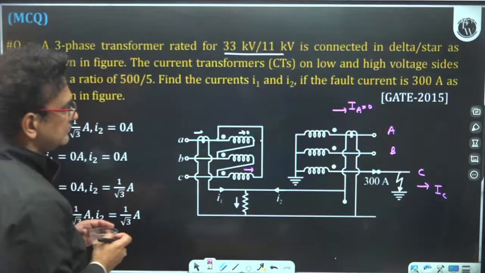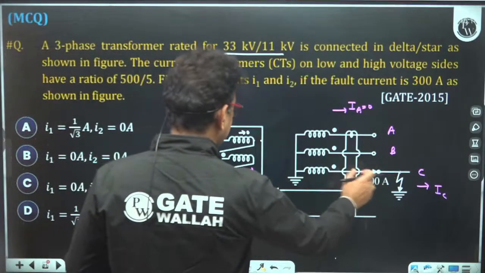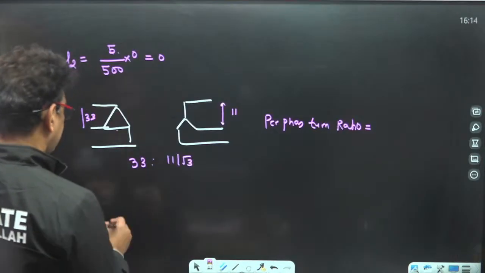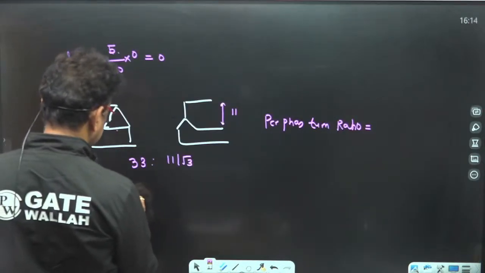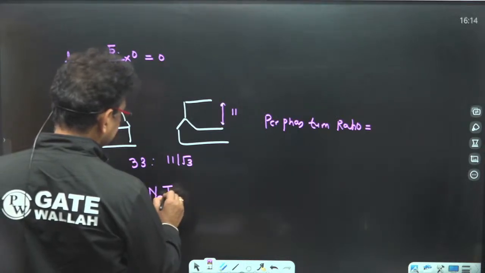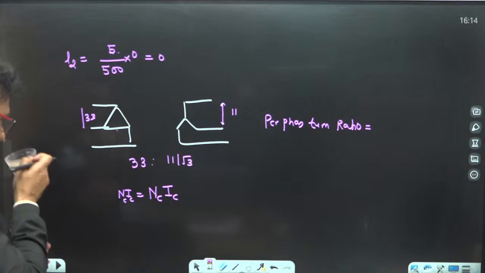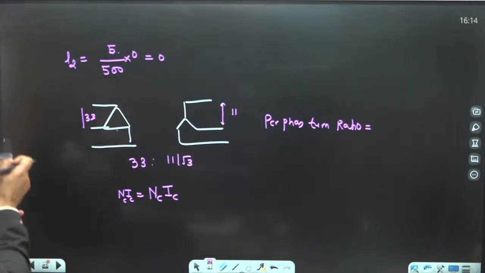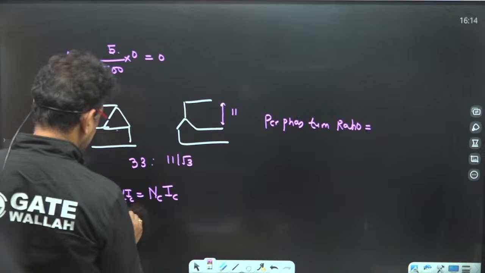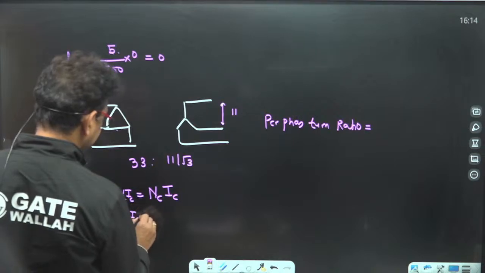Now if I transfer this 300 ampere here, N into I, capital NC into IC. Number of turns here is 33, and I will find the value of IC.